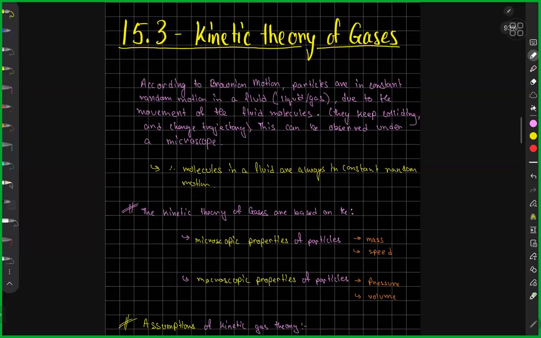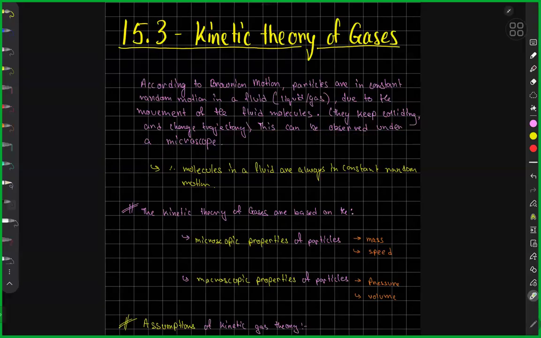According to Brownian motion, particles are in constant random motion in a fluid, and fluids include both liquids and gases. Due to the movement of the molecules inside, they keep colliding and changing their own trajectory. This can be observed under a microscope.